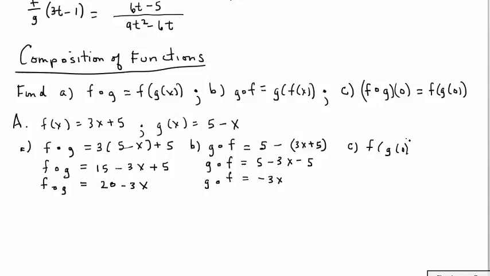I've already done f of g in part A, so now all I have to do is plug 0 in for that answer. If I'm going to multiply these two together, the result, of course, is just 20.